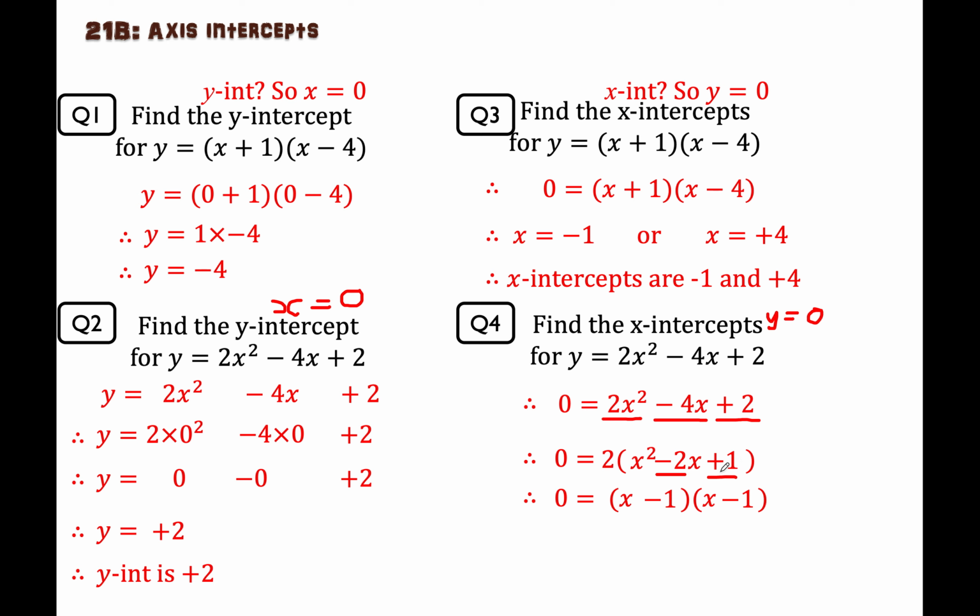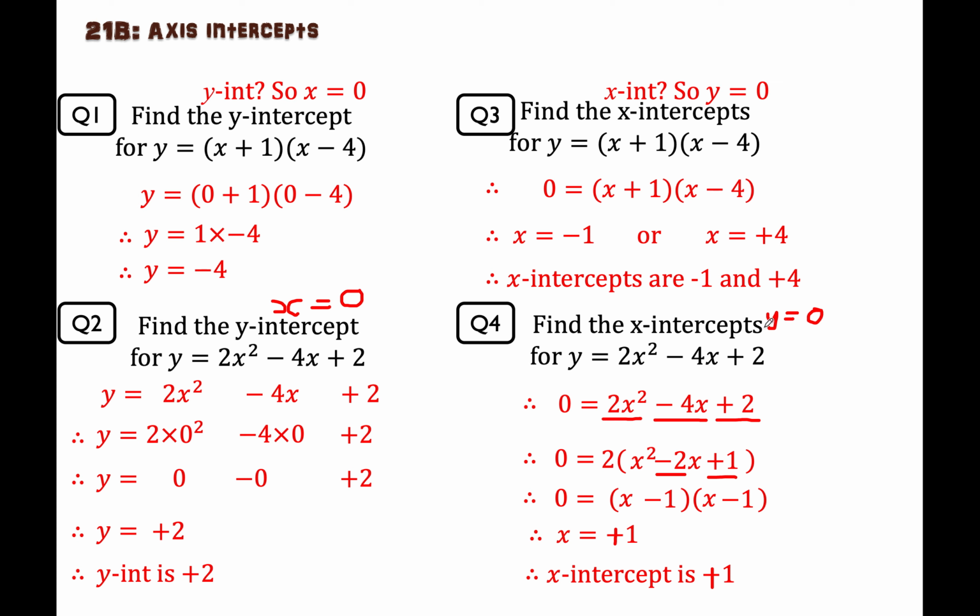So there is actually only one solution here. X minus 1 has to be 0, so x is minus 1. That's not true. X is positive 1. Because if x minus 1 is 0, x has to be positive 1. 1 take 1 will give me an answer of 0. So that's the answer. There is only one X-intercept.